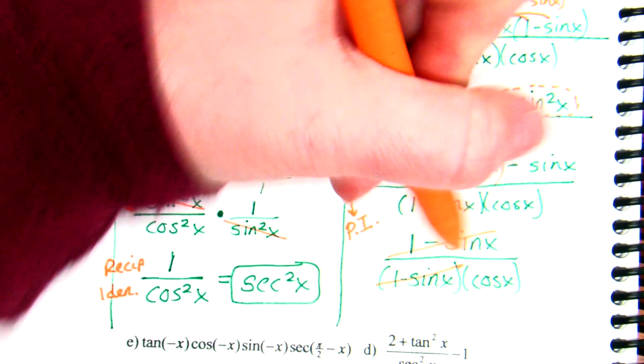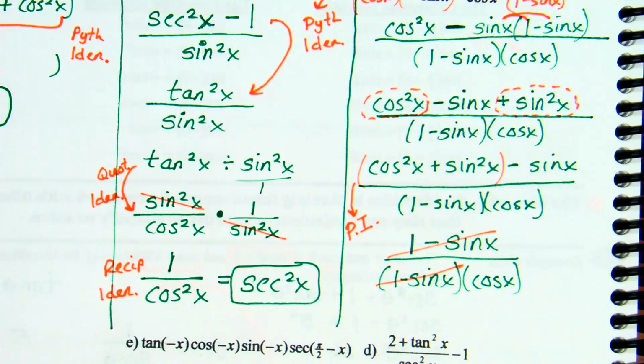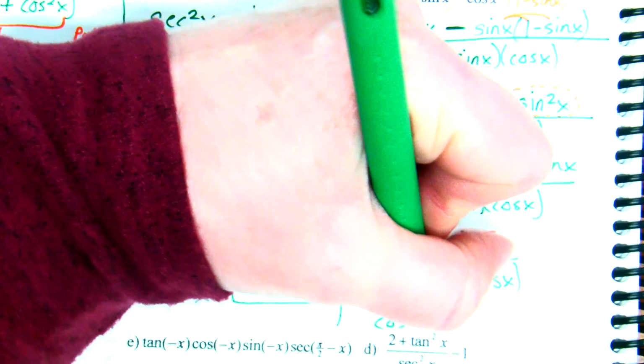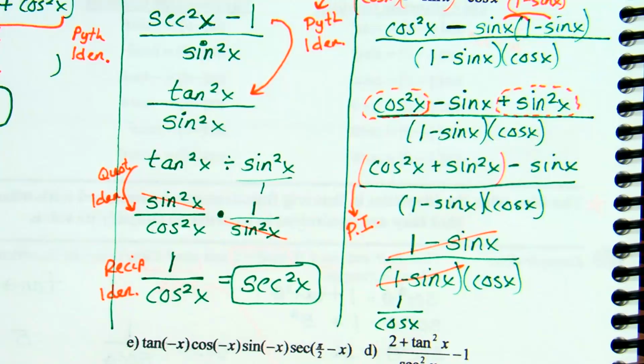So cancel, cancel. It doesn't equal cosine x, it equals 1 over cosine x, because cosine x is in the denominator. So it's 1 over cosine x, which is secant x.